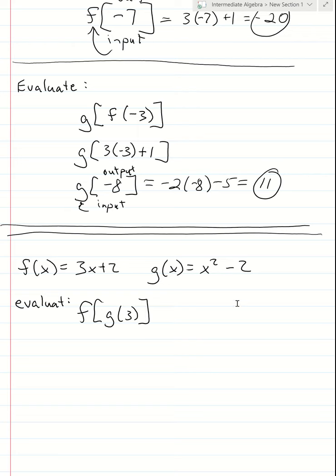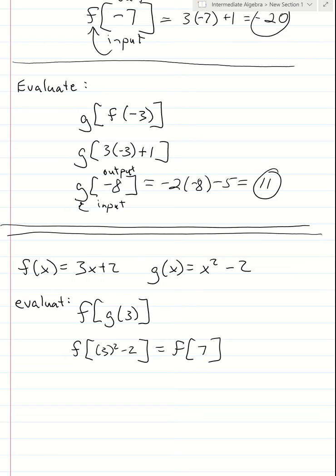In which case now, I'm going to ignore the function f for the moment, and I'm going to evaluate the inner function g when the input is 3. So that would give us a 3 squared minus 2. And when we simplify that, we get 7. So that's 7 now.